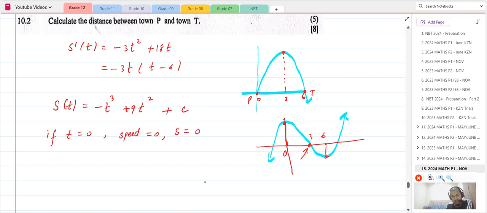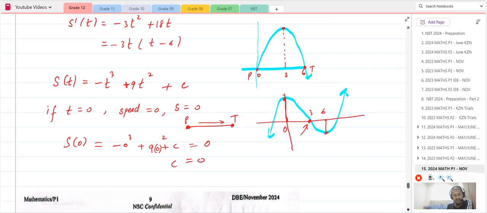So s of 0 gets 0 at P, because you're starting at P. There is no distance at P. This is a starting point, that's your ending point, traveling in that direction. S of 0: negative 0 plus 0 plus c equals 0. So c is equal to 0, because I substituted everything here. So this is my function.